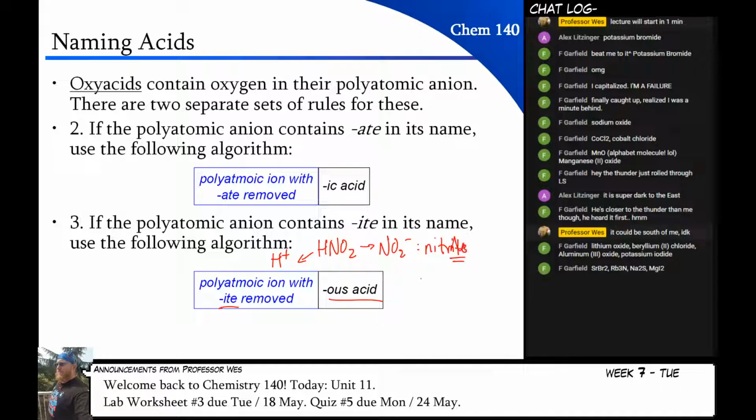We get rid of that, and then we apply this other bit to it. Nitrous acid. There you go. So those are the naming schemes for acids. You just have to figure out what your acid ends in, -ate or -ite, or -ide for the first set of rules, and then apply the correct rule.